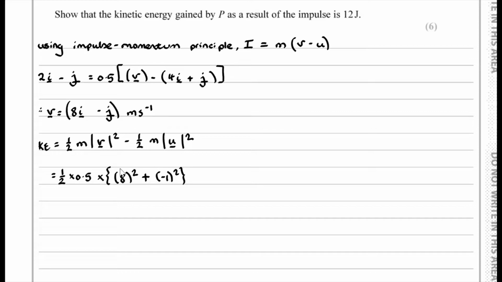We could square root this and then square again; either way, we'll end up with this result. And we subtract off 1/2 m times 4 squared plus 1 squared. And if we work this out, you'd find we get 12 J.